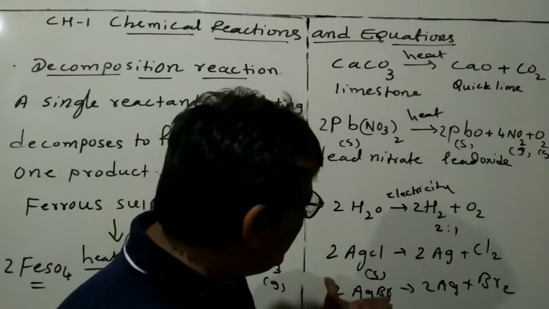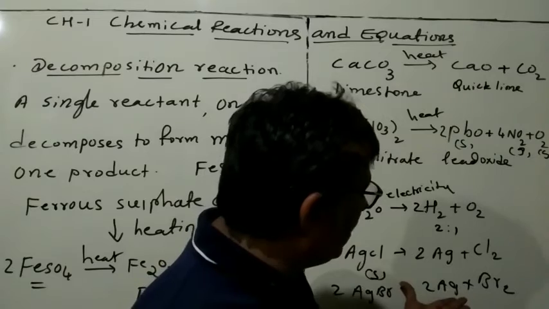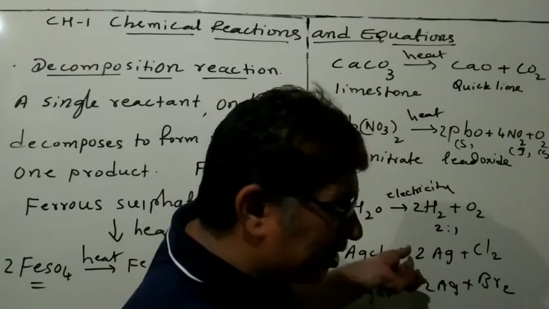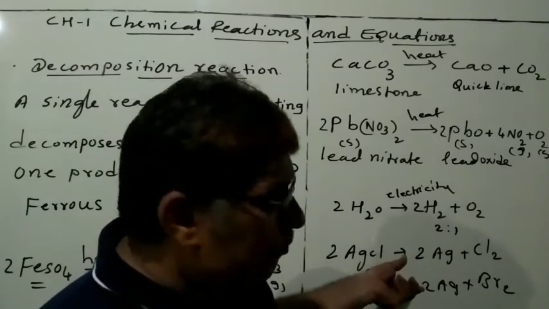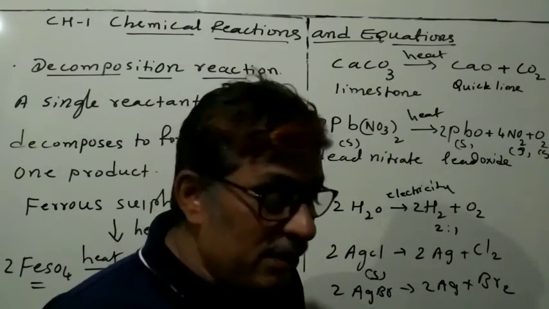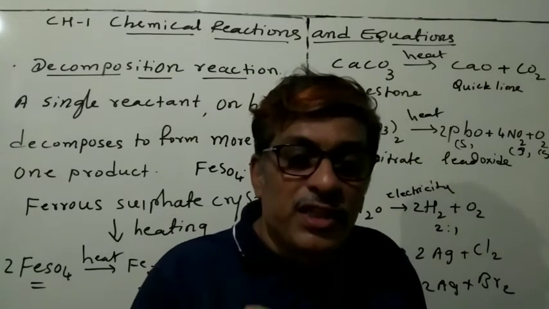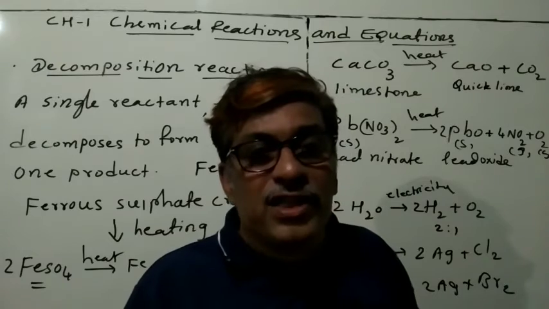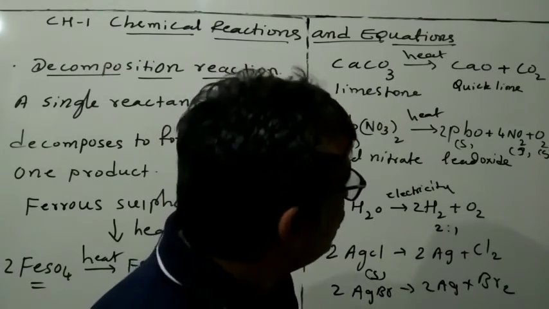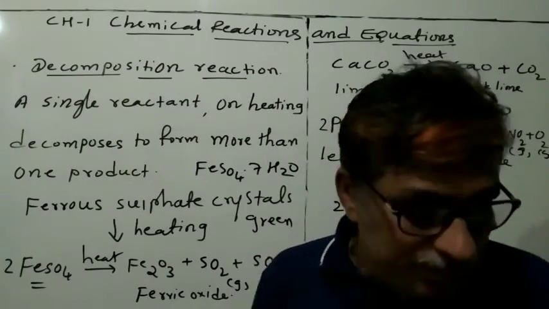At the same time, this is a similar process, bromide also like this, giving silver and bromine. It is a halogen, and in the same way it shows this. Here also this decomposition is carried out by light or sunlight, so that's why this process is called the photolysis process. So these are all examples of decomposition reaction.